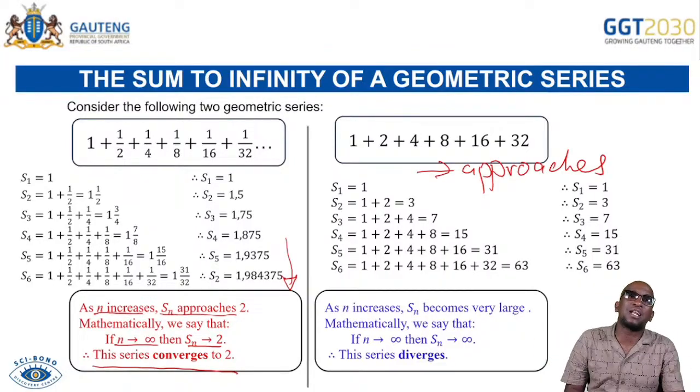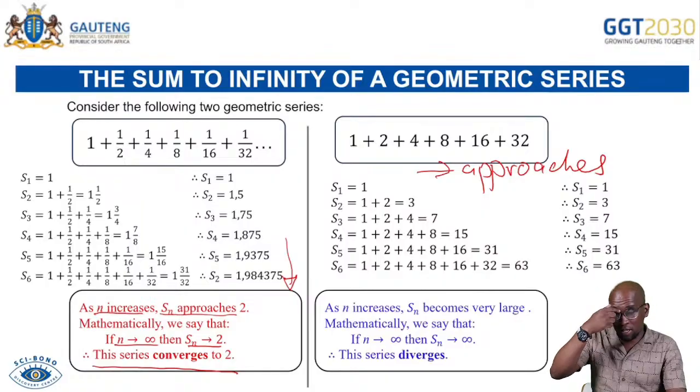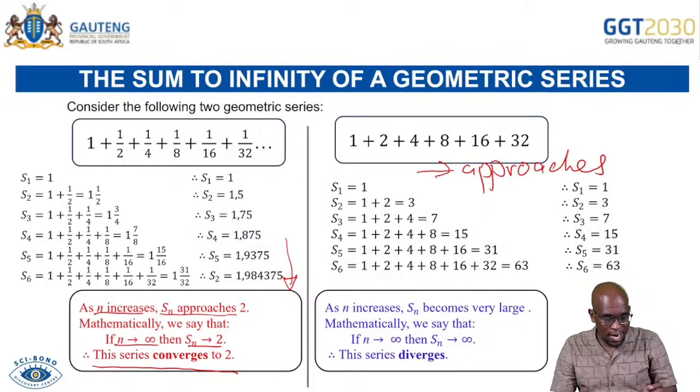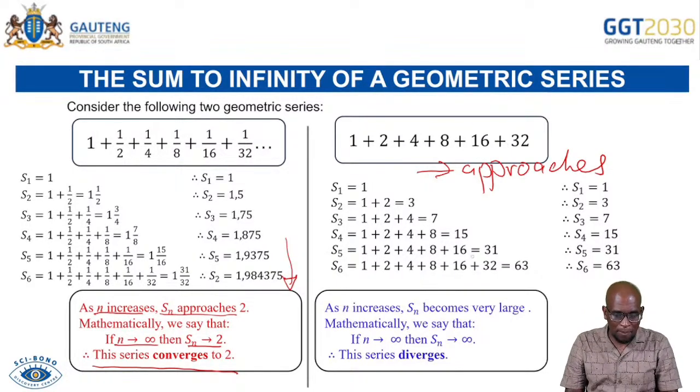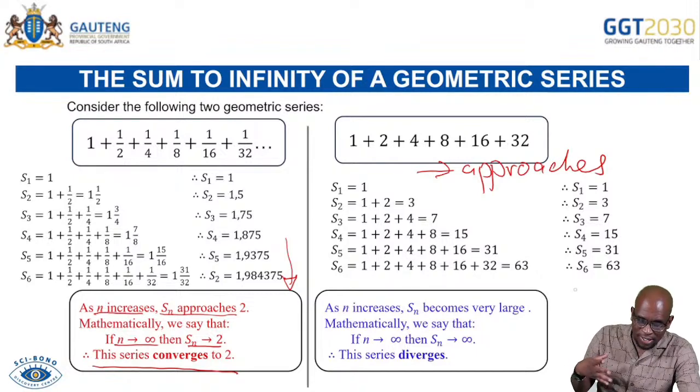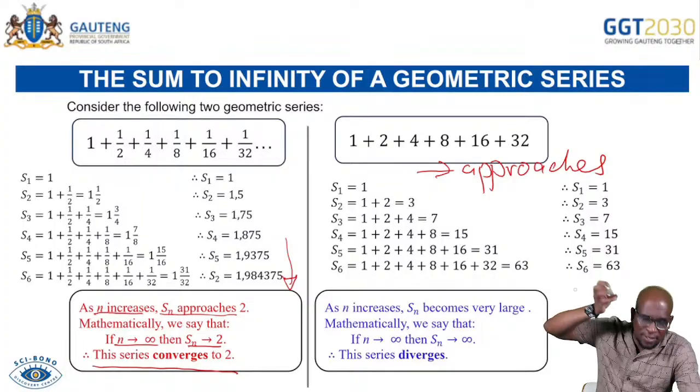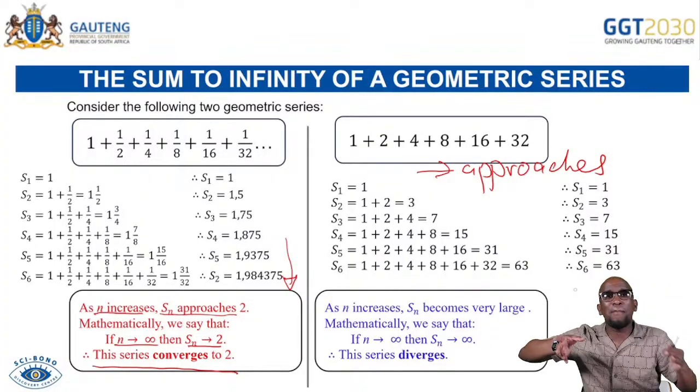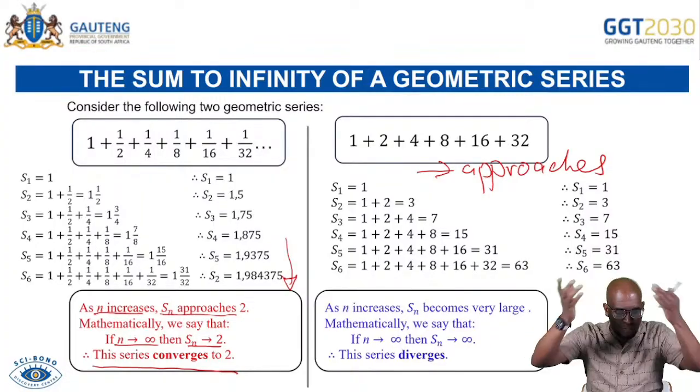Unlike with the one on the left, where the terms were becoming smaller in value. Right, let's see. If you add, S sub 1 is 1, S sub 2 is 3, S sub 3 is 7, S sub 5 is 31, S sub 6 is 63. So you can see as you add more terms, the sum becomes bigger and bigger.